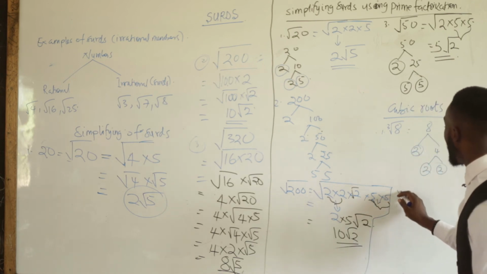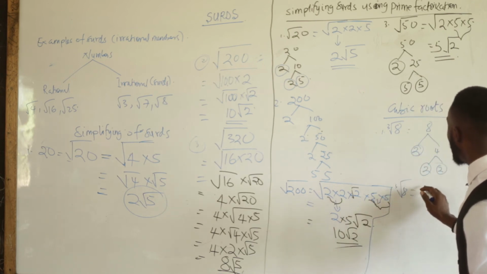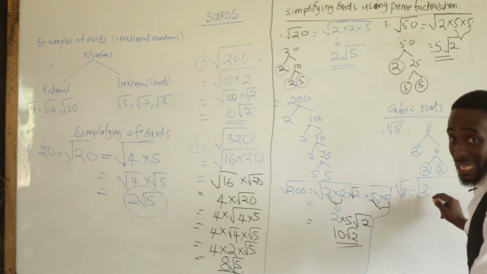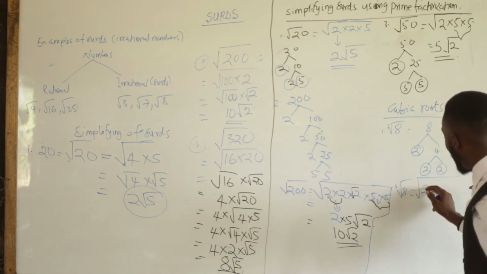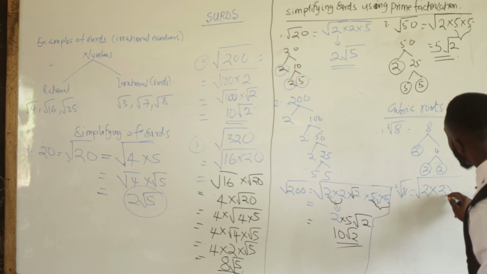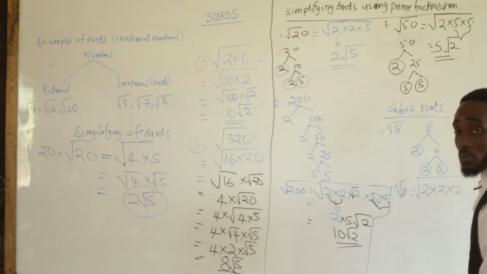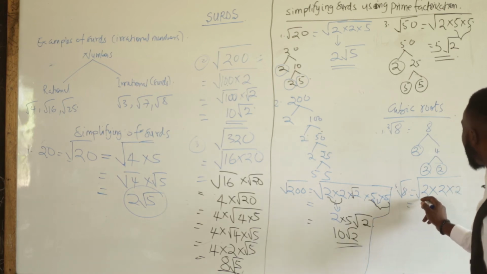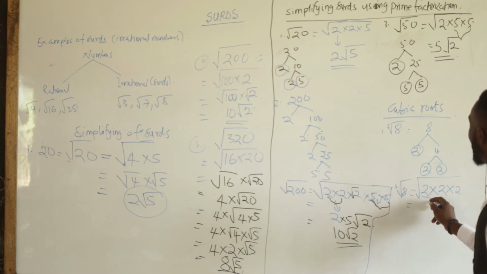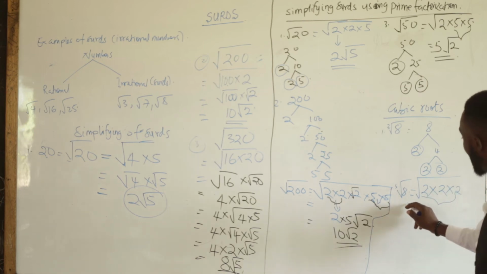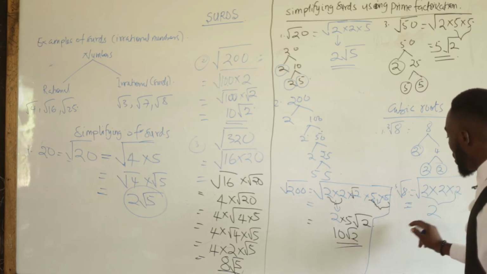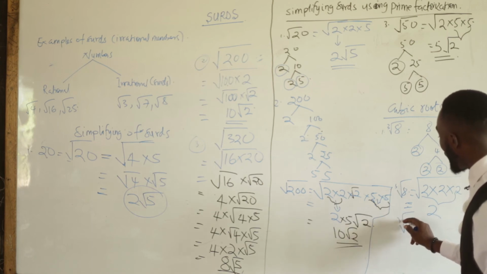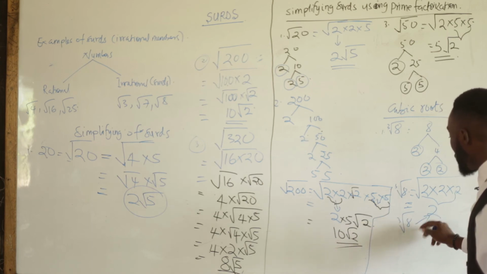Let's express 8 as a product of its prime. We'll have 2 times 2 times 2. Which number is repeating itself 3 times? It would be equal to 2. Therefore, the cubic root of 8 is equal to 2.